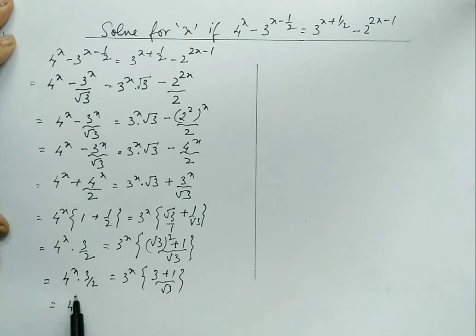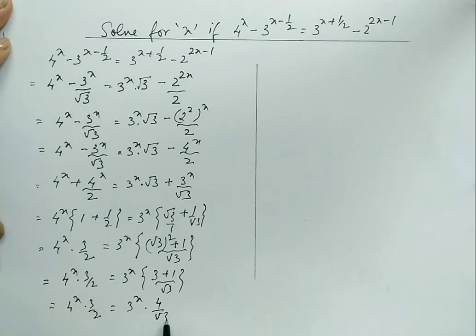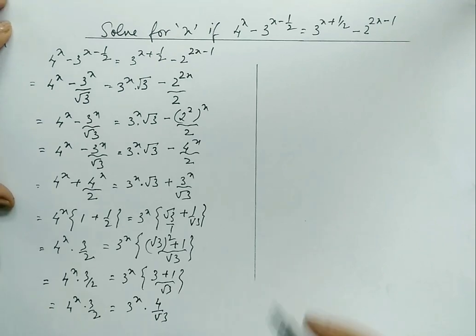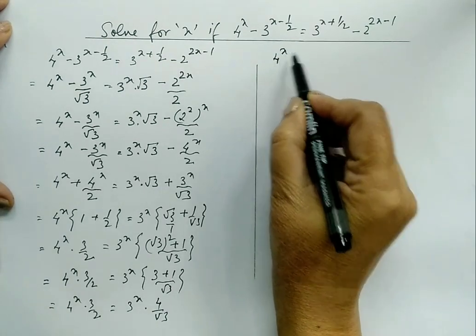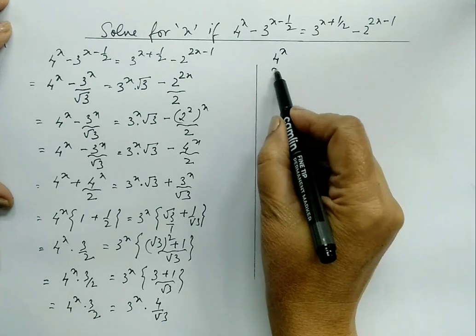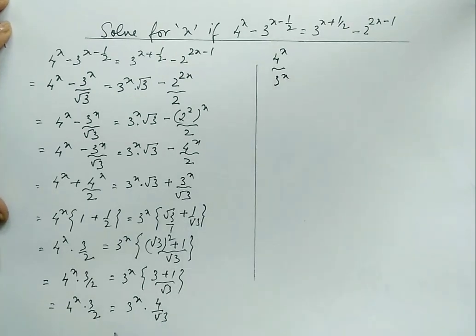This means 4 having a power of x and 3 by 2, and 3 has a power of x, and here dot 4 by root 3. Alright? Now what do you think should be done next? To me, I feel 3x should be pulled to the left hand side.